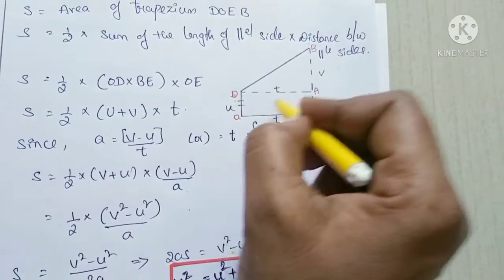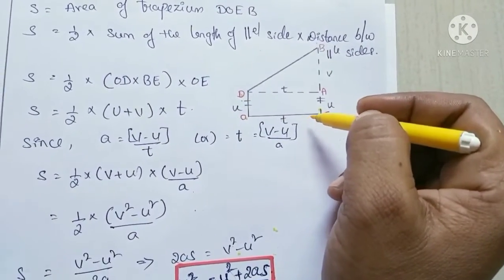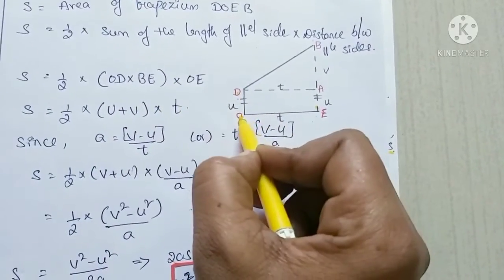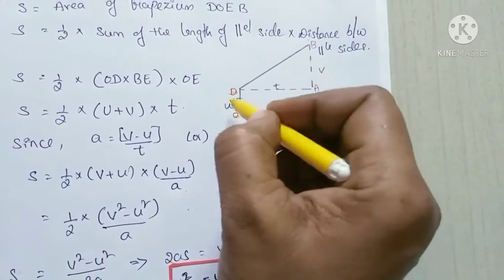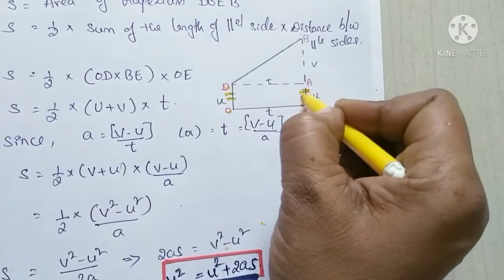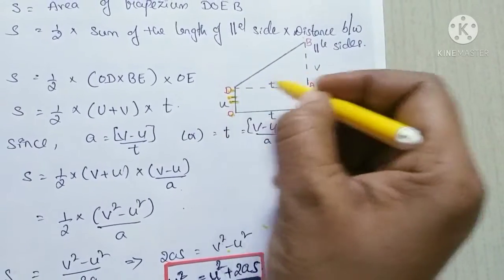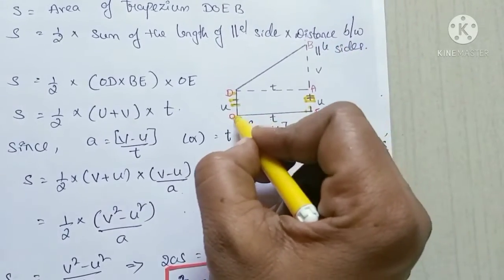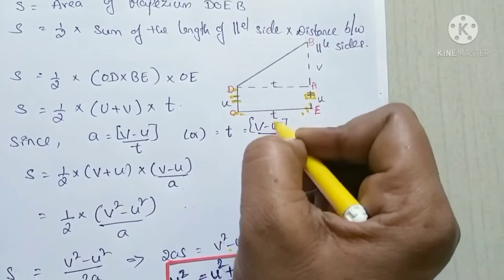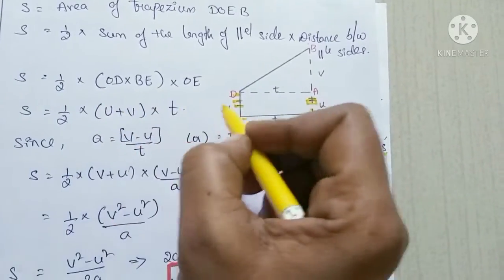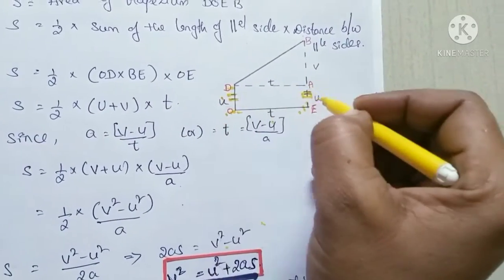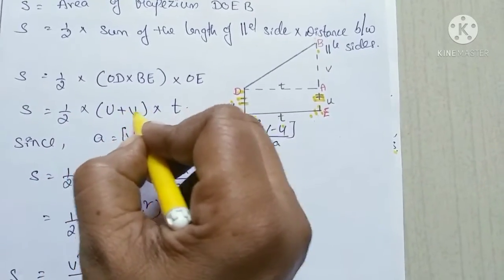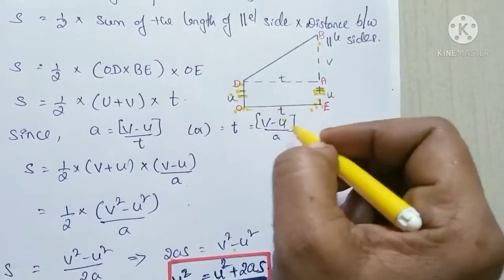We are going to calculate both the lengths and the distance. The sum of the lengths of the parallel sides is OD plus EB, which are parallel sides in our image. The distance between them is OE. So OD plus EB is u plus v, and the distance is t.